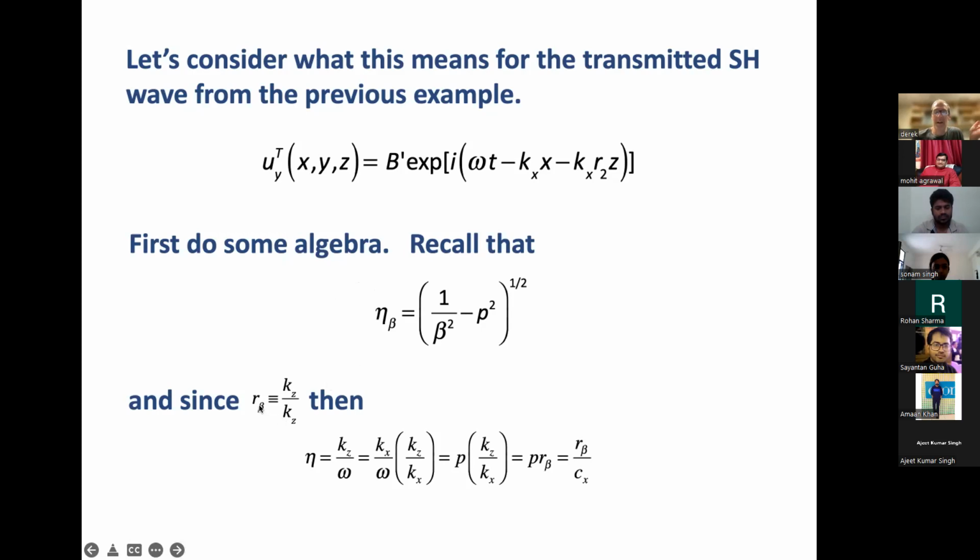Since r sub beta is by definition k sub z over k sub x, then eta equals k sub z over omega, which equals k sub x over omega times k sub z over k sub x, which equals p times r sub beta, which can also be written as r sub beta over c sub x.